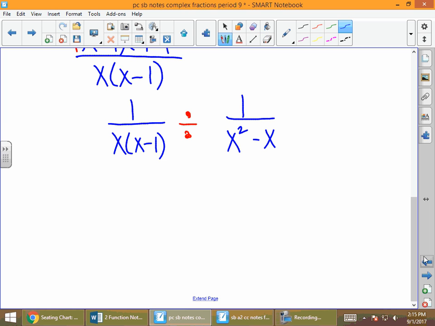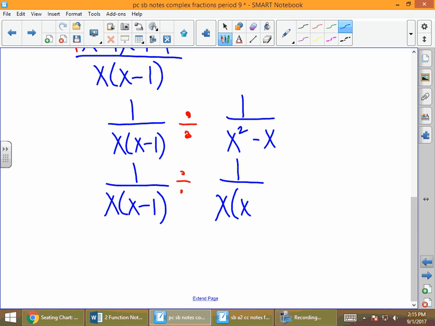We can do one thing to that denominator, and I should have done it sooner. We can factor it. But this isn't going to change. It's 1 over x times x minus 1. Over here, if we factor the greatest common factor, we've got x, so we get x minus 1.